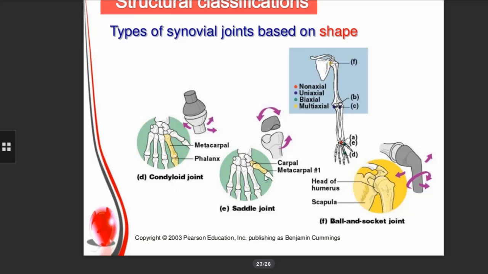Then the saddle joint, the first metacarpal joint. You can see the saddle shape, convex and concave. This is the concave, this is convex, and this is concave. Ball and socket joint: one is the ball and the second is the socket, where we can see the scapula and the head of the humerus.